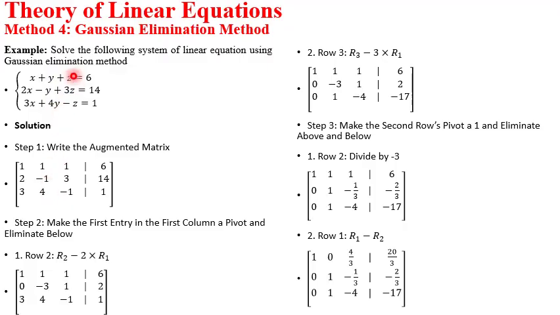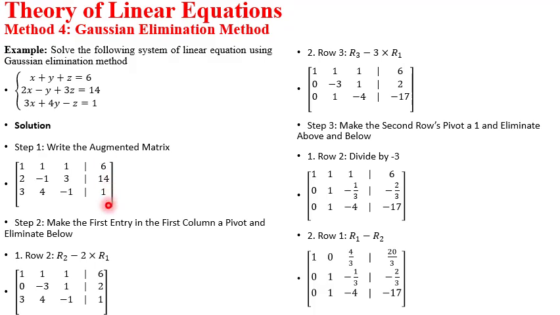The coefficients of z in equations 1, 2, and 3 are 1, 3, and minus 1. You then augment that matrix with the constant values, which are 6, 14, and 1.